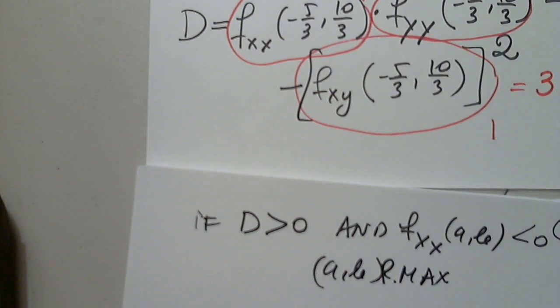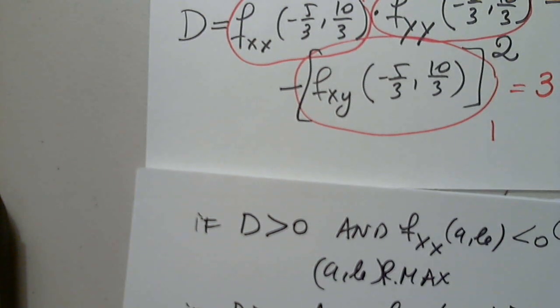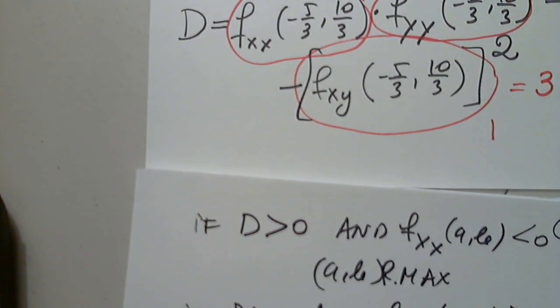If D is positive and Fxx at this point is positive, A comma B will be a relative min. If D is less than 0, no max min. If D is 0, test not applicable. We call this a saddle point, but no max min.